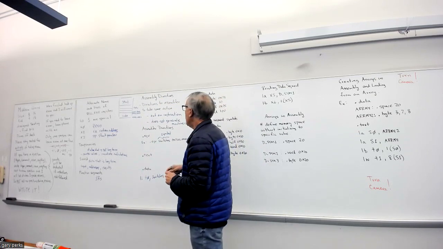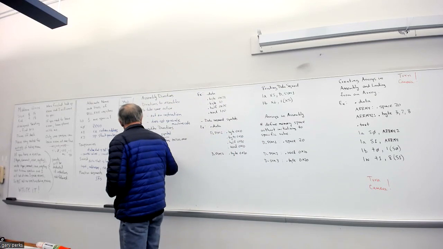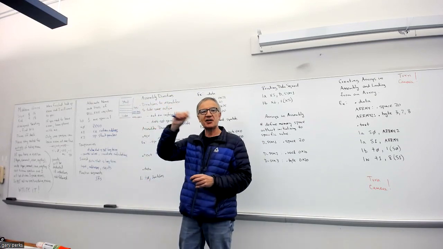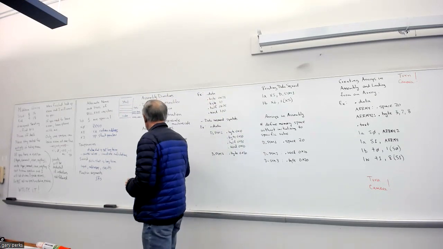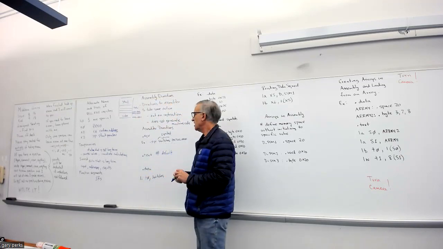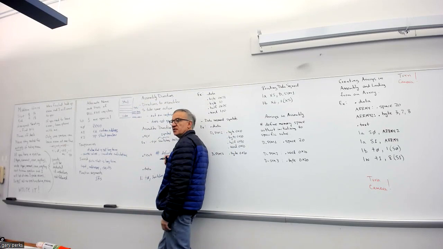Now, .text. I'm putting the number sign because in RARs, when you make a comment, it's a number sign. .text is the default directive, and this is how you identify that what follows is code.